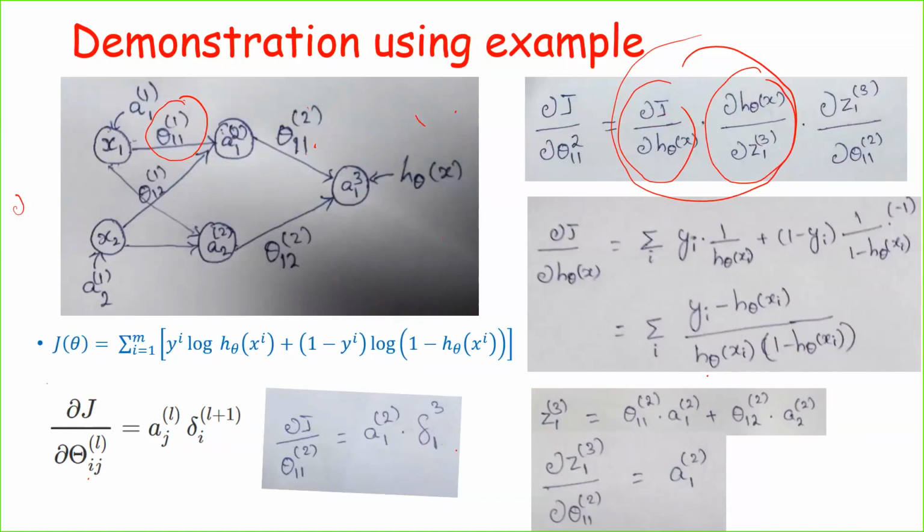No. The error term you will get only up to here. We will not compute the error associated with layer 1, because we assume that there is no error associated with the input. So we'll stop that error computation. No, sir, the error at A13, the output, is back propagated to A12. Yes, so delta 2. Theta 11 is updated at that time, isn't it?